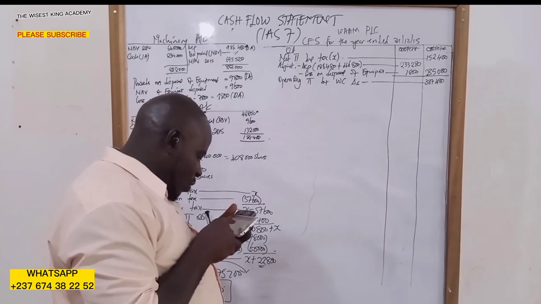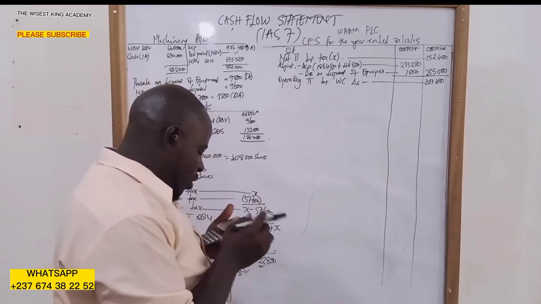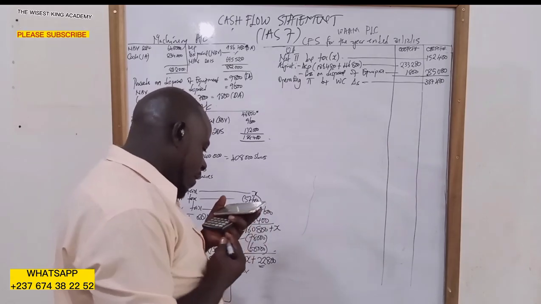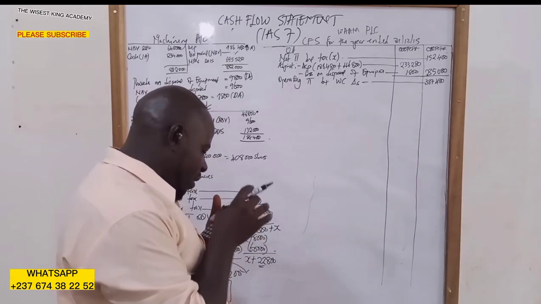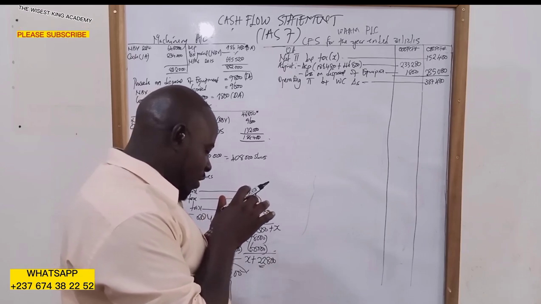So I go straight now to changes in working capital. I'll take current assets, our stock and debtors. Let me start with stock. In 2014, 99,600; 2015, 85,440.